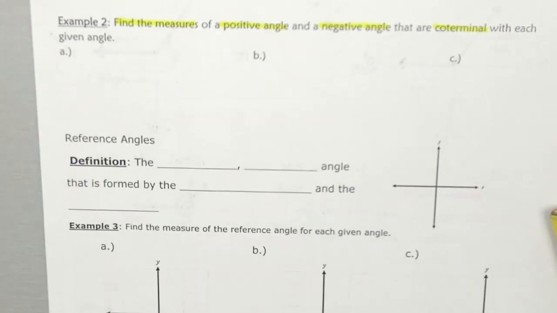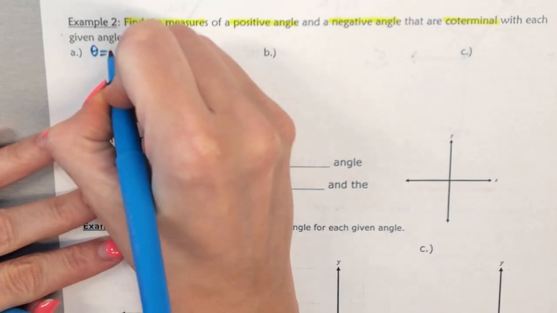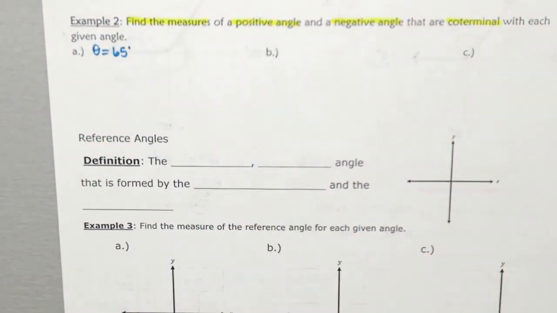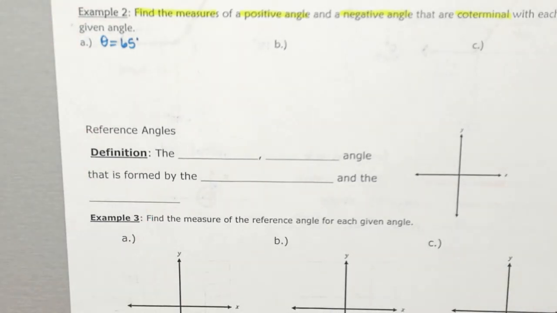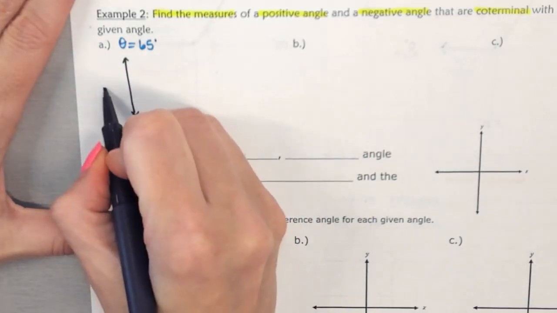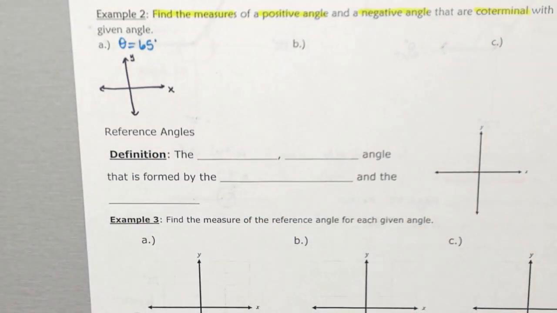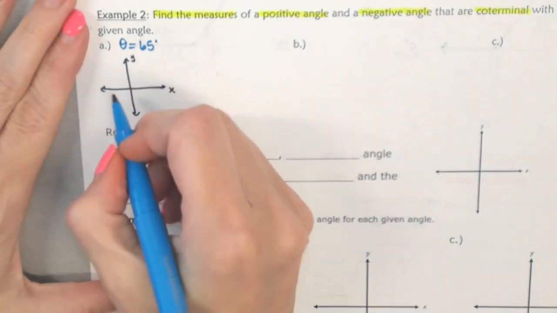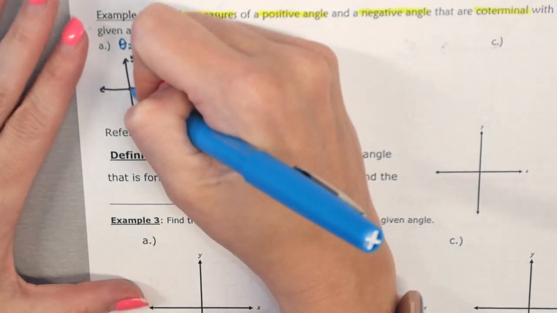For the first one, we're going to draw a picture, and that's just so you can understand what we're finding. And then from there on, we're just going to use the addition and subtraction. So 65 degrees, I know that that is more than halfway.